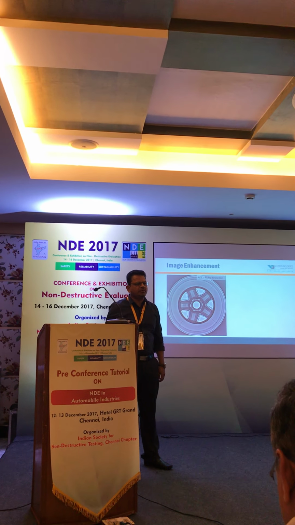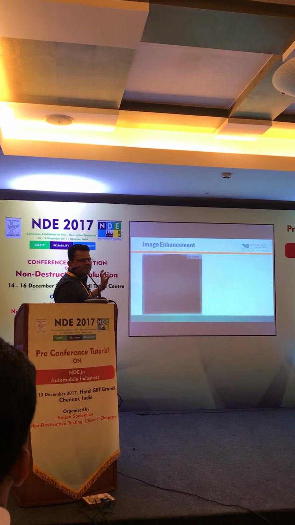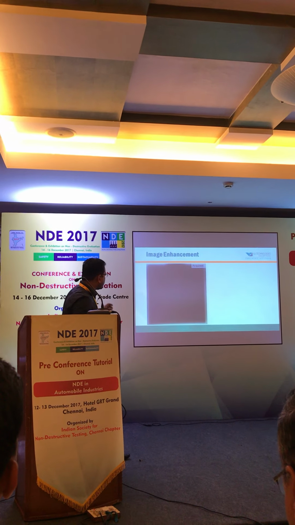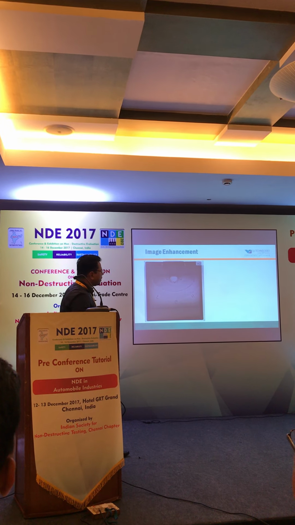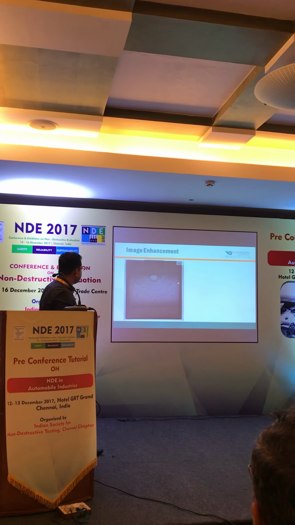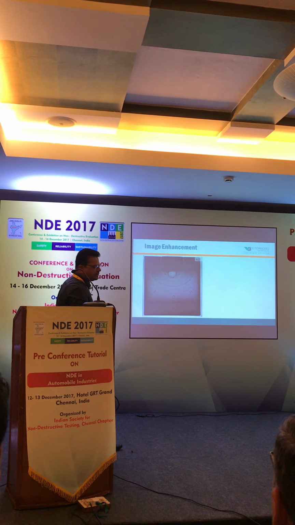So periodically, if you do the spatial resolution test, this is the acquired image. You don't see much when it is acquired, and when you apply the ADE filter, now you see the sensitivity, which wire we want to see.